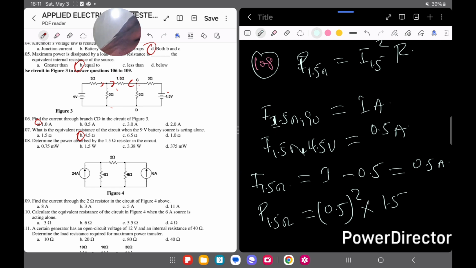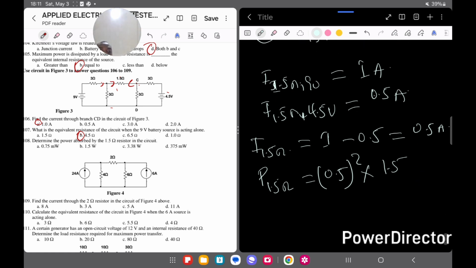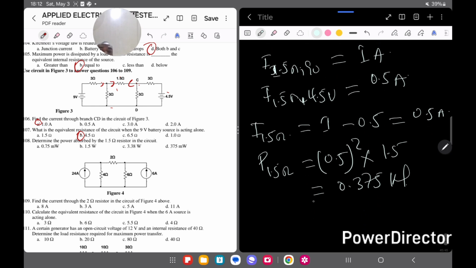That gives us 0.375 watts. If you change this to milli, that will be 375 milliwatts. So the answer for this is D, 375 milliwatts.